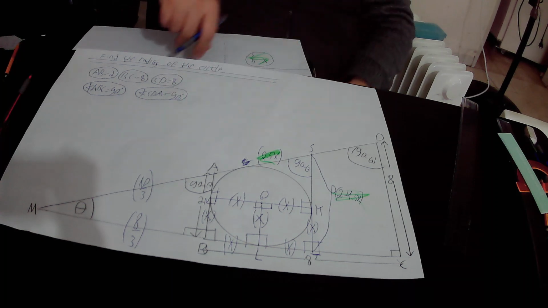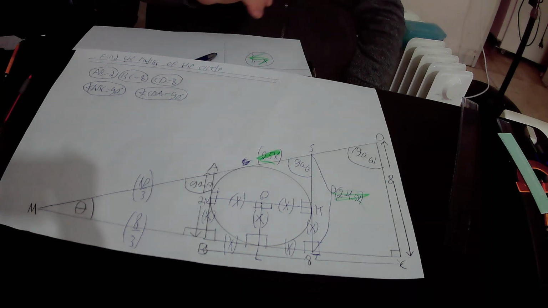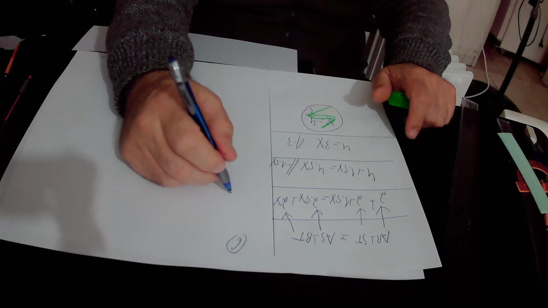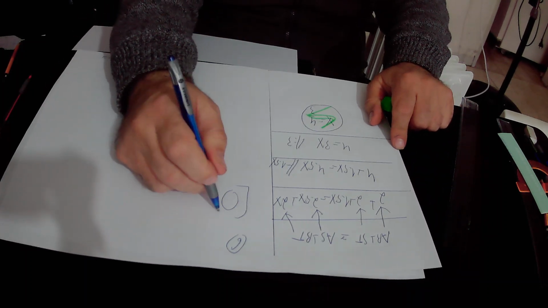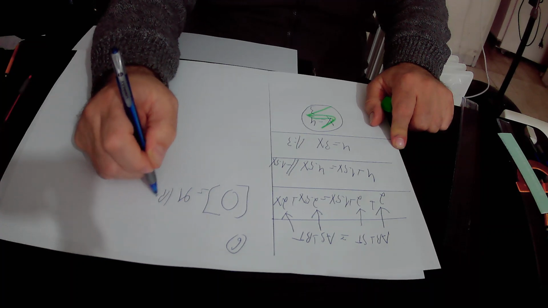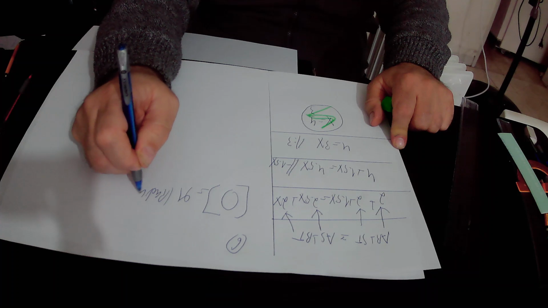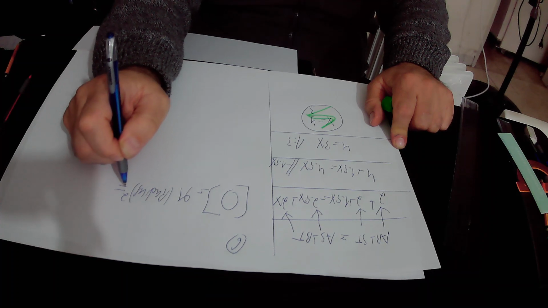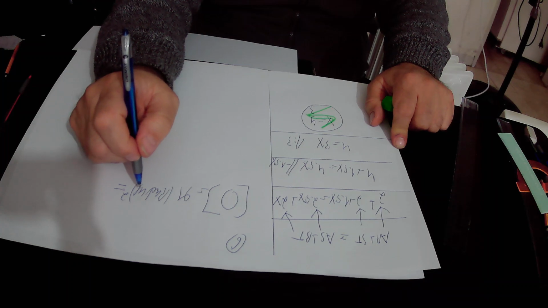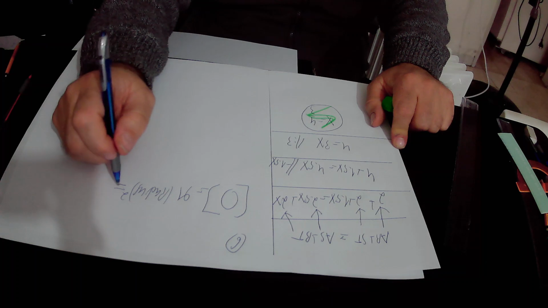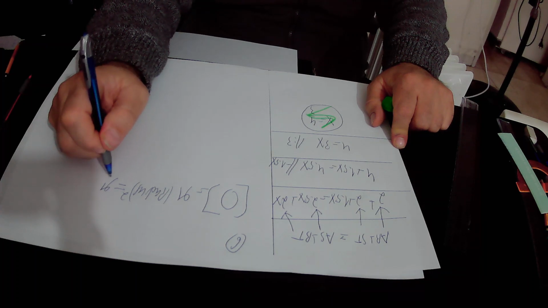Our mission is to find the area of this circle. We know that the area of any circle equals pi times the radius of the circle squared. The area of our circle, the area that we are looking for in this question, will be equal to pi times the radius squared.